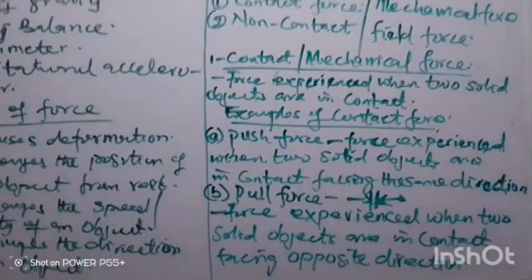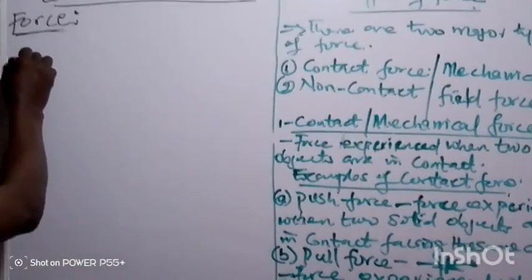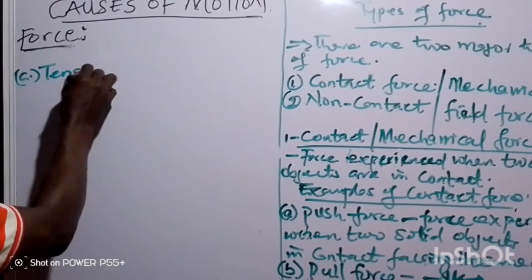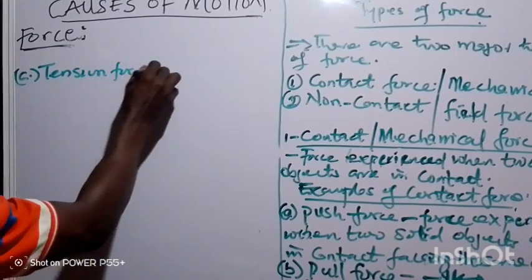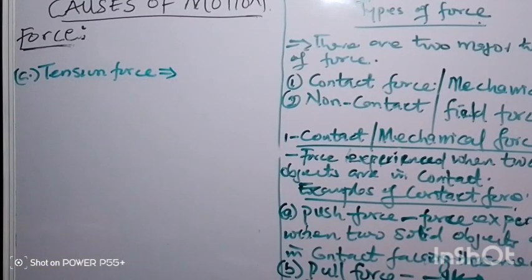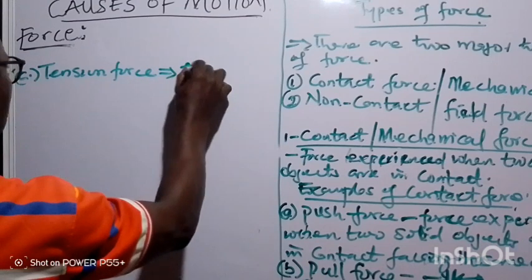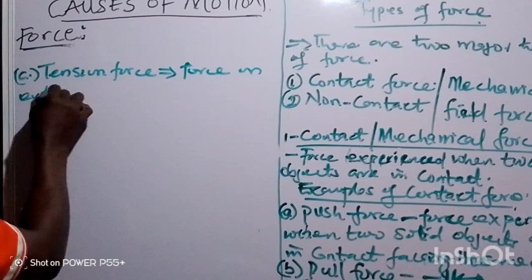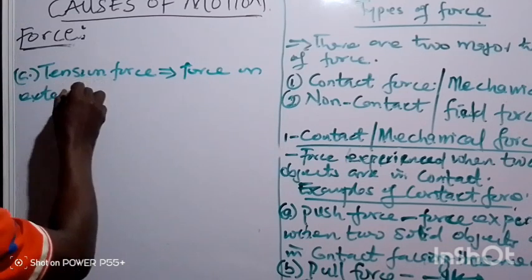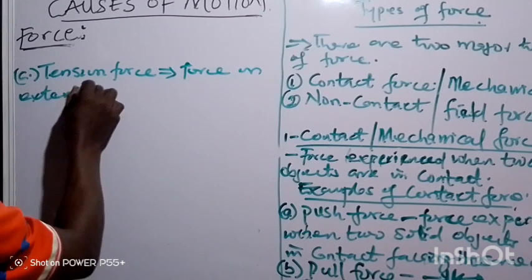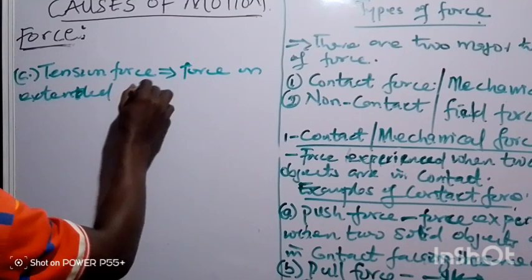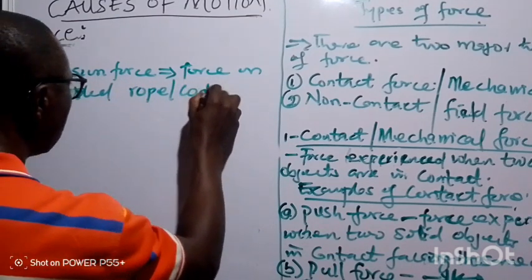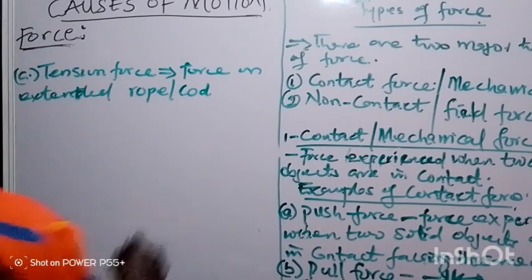Now, let's take C, which is number three, tension force. This one is force on an extended rope or cord or string.